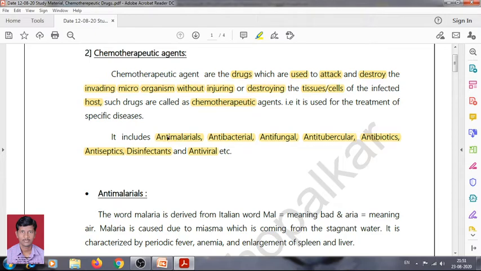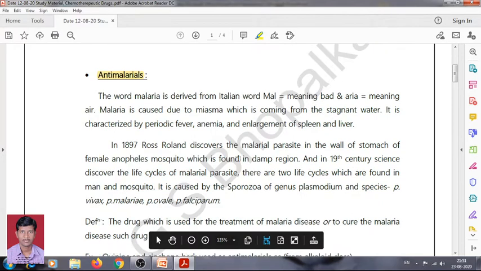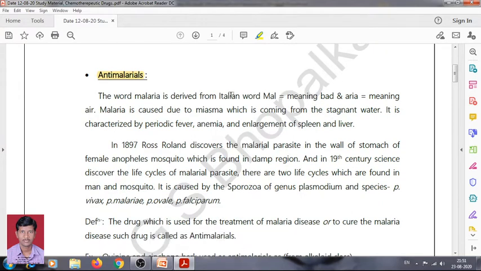Now we will see one by one in detail. What are anti-malarials? Anti-malarials means the drugs which are used against the malaria disease.